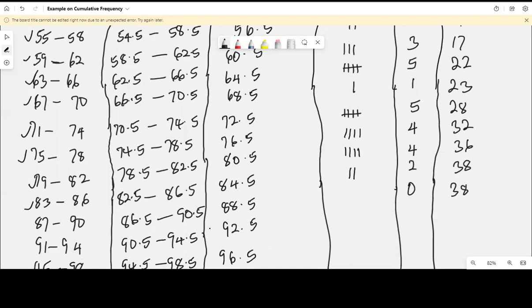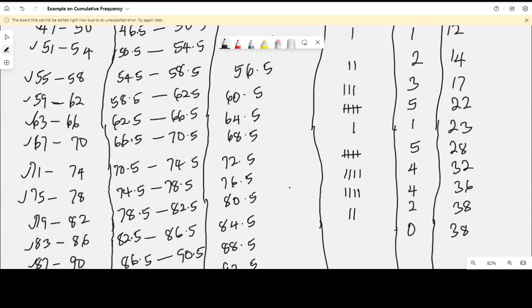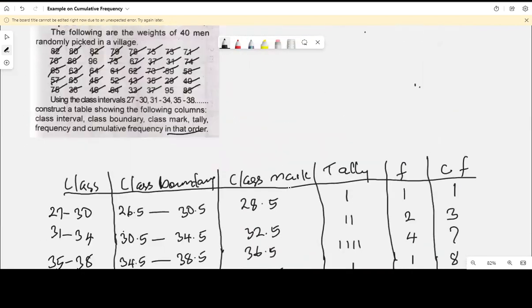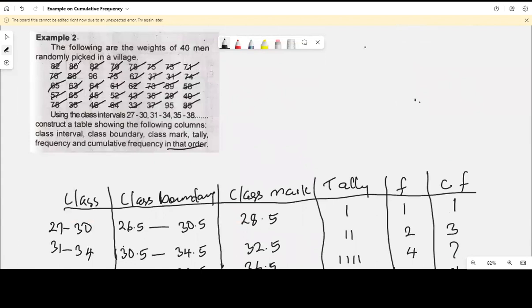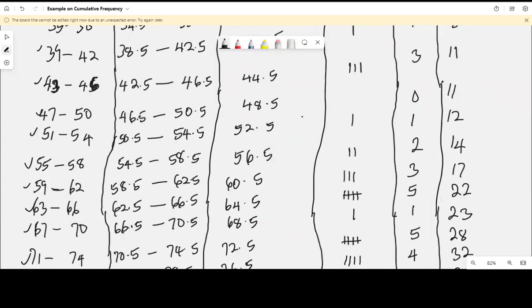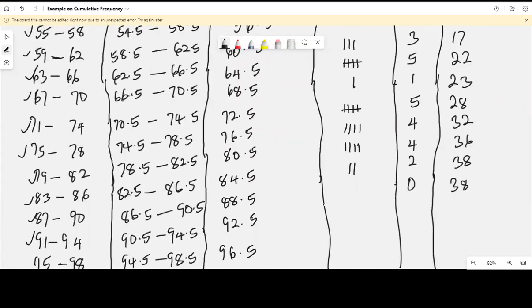The next interval is... I don't know what I just did. No, that's not what I did. So 87 to 90 is what we want to do. Everything there is gone. 87 to 90 is also 0. We leave the tally blank.